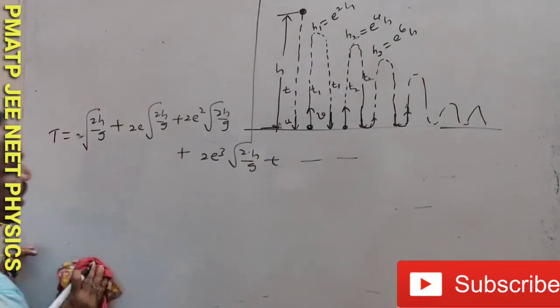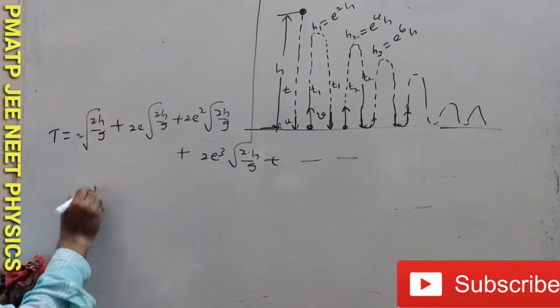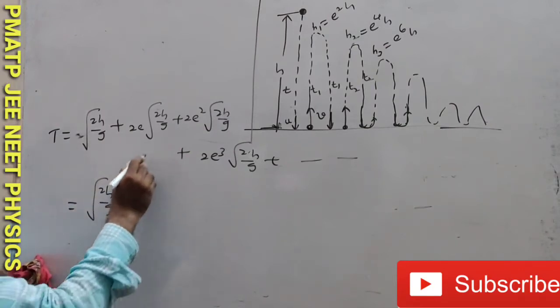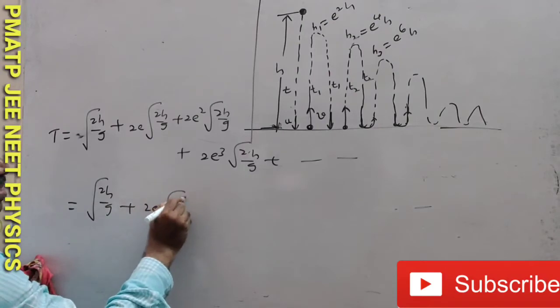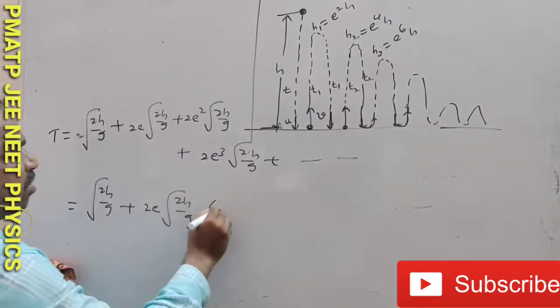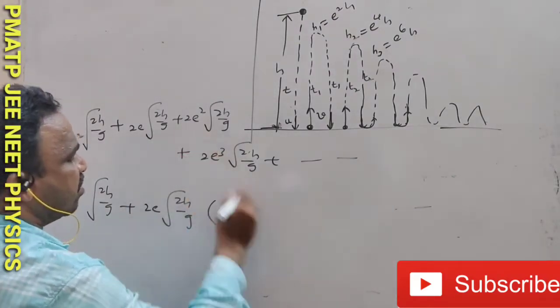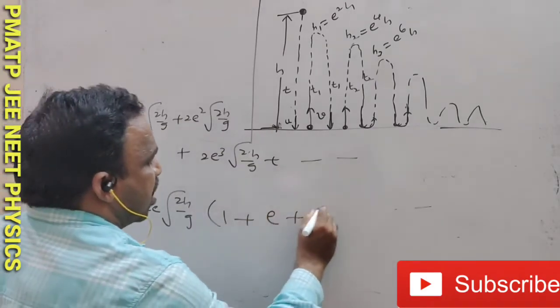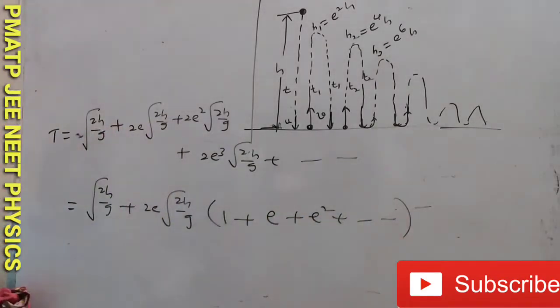Now we should take common. Root 2h by g stays the same. Take 2e root 2h by g common. Here 1. Here what remains? e², and so on. This is also again an infinite geometric progression.